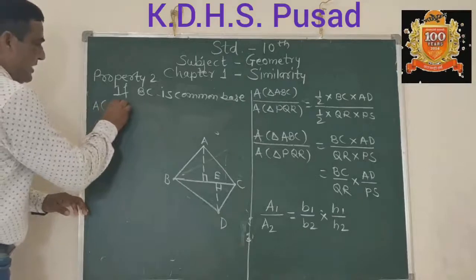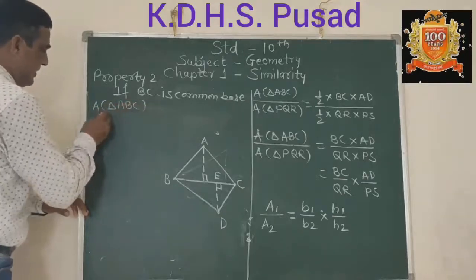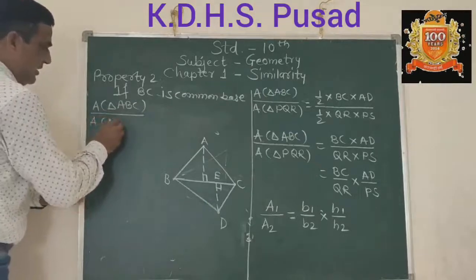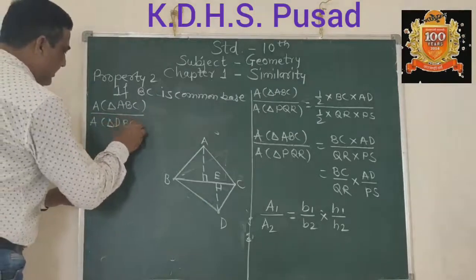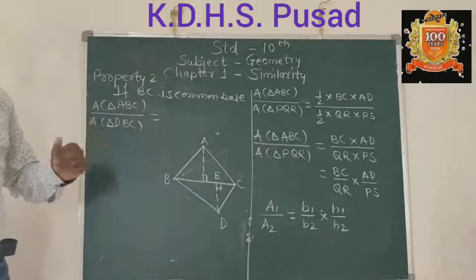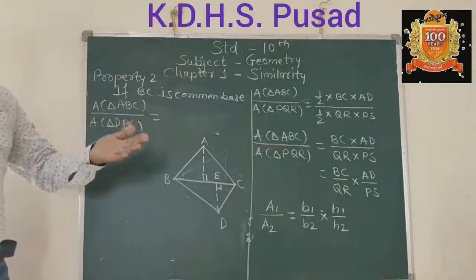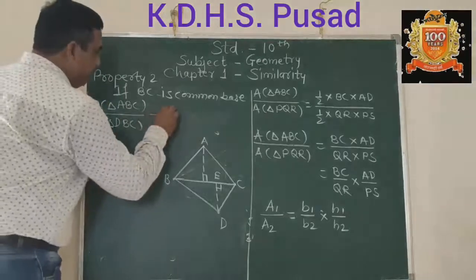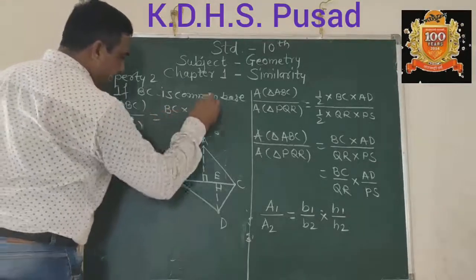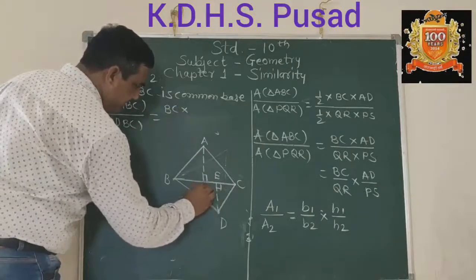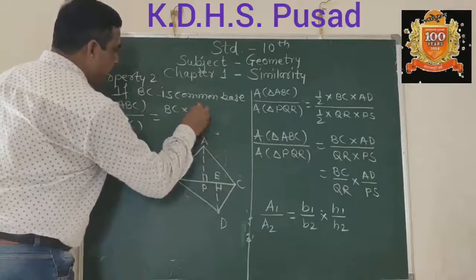Area of triangle ABC by area of triangle DBC. As we have studied here, the ratio of the areas of two triangles is equal to the ratio of the product of their bases and corresponding heights. So here base BC, height AB.